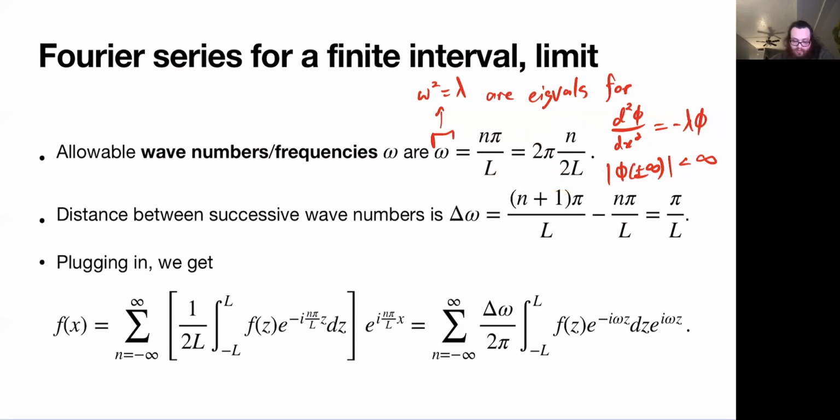So what is the gap between successive wave numbers? This is going to be the wave number for n+1 times pi over L, minus the previous one. So that's n+1 pi over L minus n pi over L. Do the arithmetic, and we end up with pi over L.